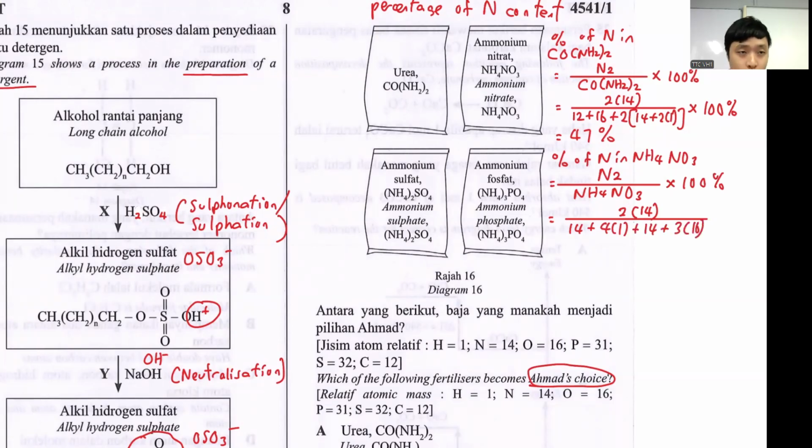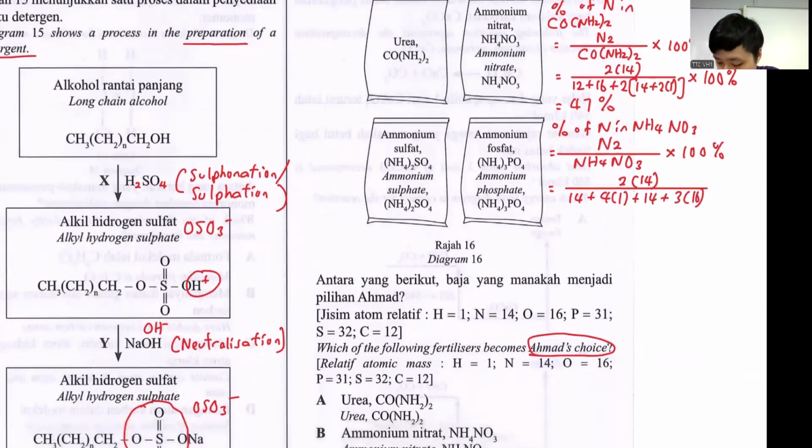I'm sure at this point you know how to calculate the molar masses already. Just follow the RAM given. For ammonium nitrate, you will get 35%. Am I right?